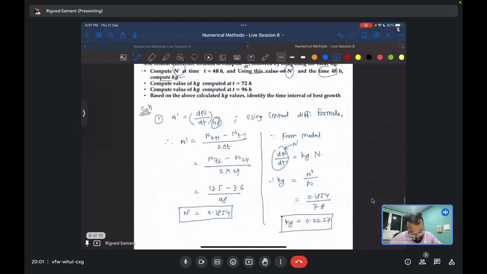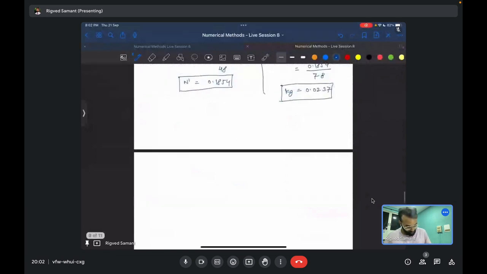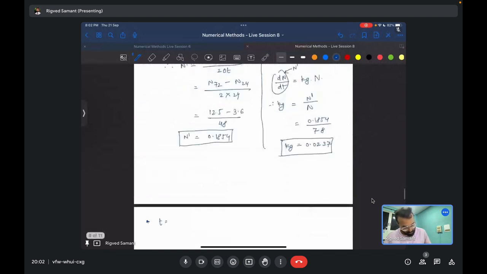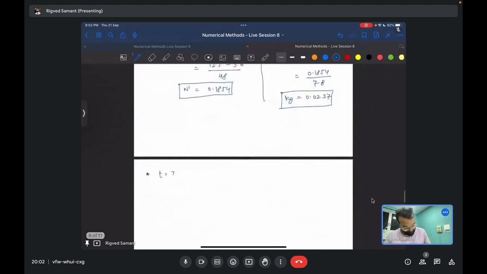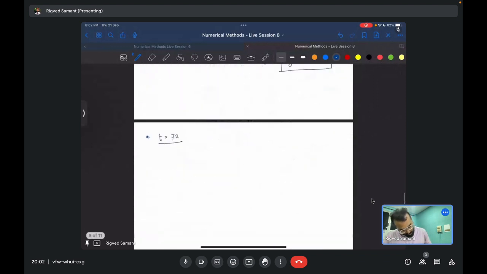Now the second part is telling you to do it for 72, and the third for 96. So we will do that. For t equal to 72, it is basically a repetition.